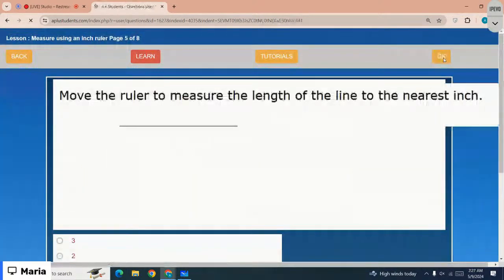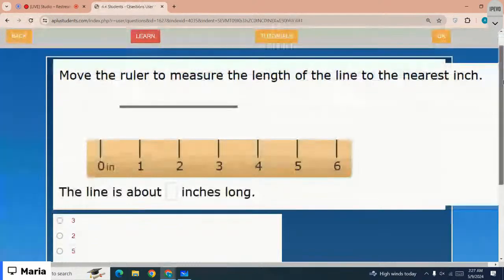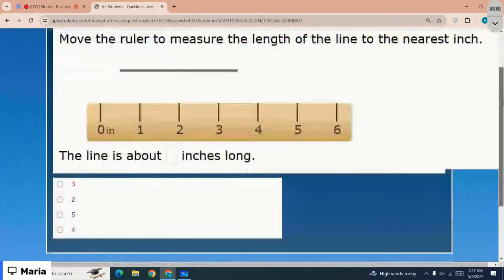Move the ruler to measure the length of the line, so which is the correct option? Yes, 3 inches long it is.